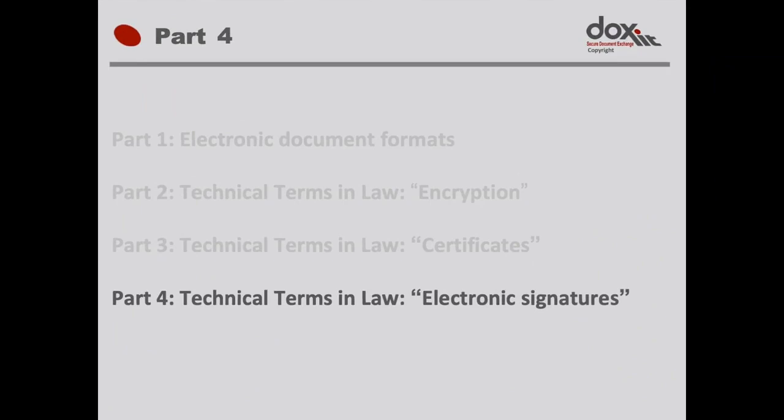This was part 4 in the series of 4 videos on working with electronic documents. Part 1 touched on the most basic concepts of working with electronic documents. In Part 2 we mainly discussed encryption, how it works, and why we can trust the security it provides. Part 3 discussed certificates and the role of the South African Accreditation Authority. This fourth part focused on how electronic documents can be signed.